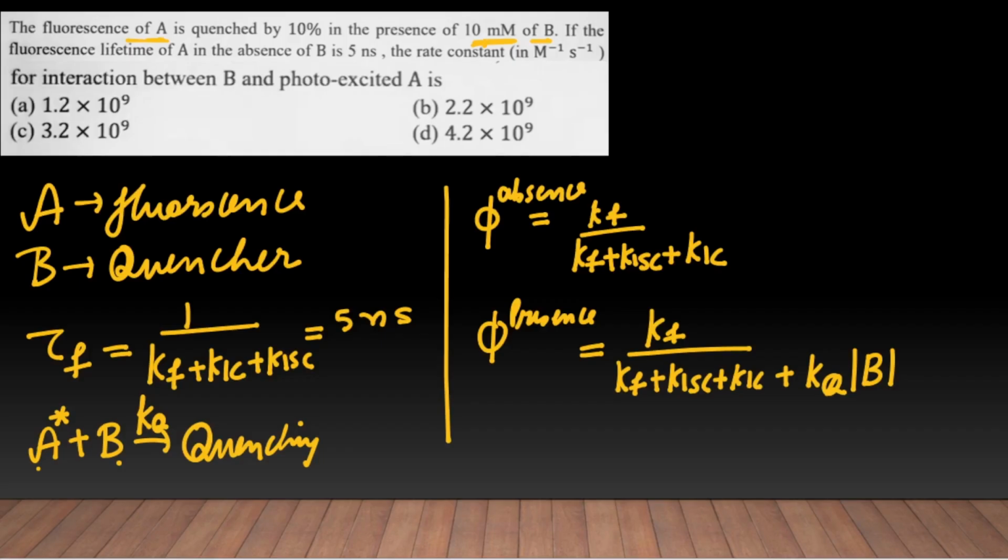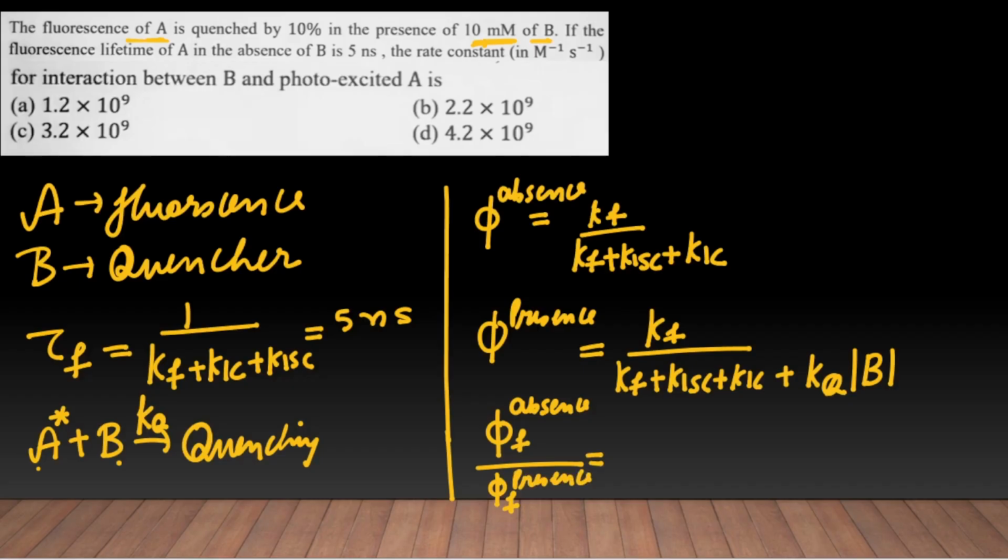If I take the ratio of these, this is basically from your Stern-Volmer plot, where you define the ratio of the quantum yield of fluorescence in the absence of the quencher to that in the presence of the quencher, right?